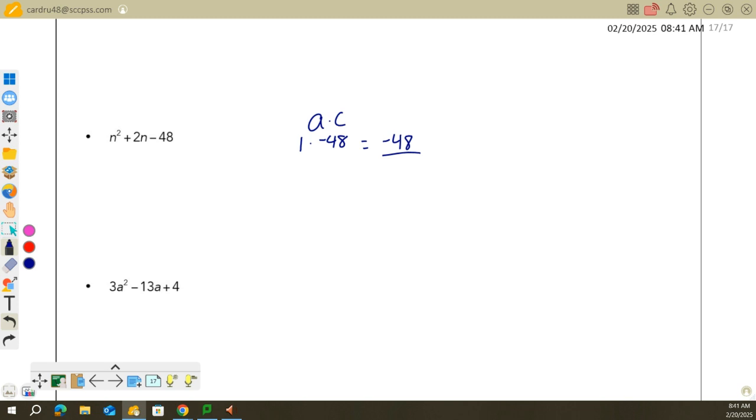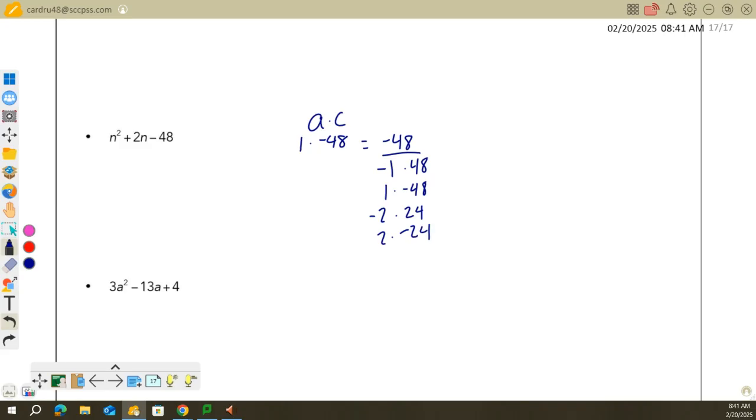So my factor pairs for 48 would be 1, negative 1 times 48, or 1 times negative 48, or negative 2 times 24, and 2 times negative 24.